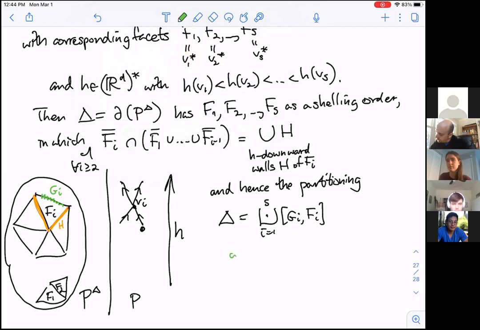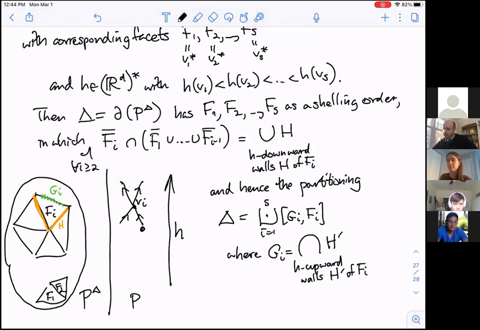So GI is supposed to be the intersection of all H upward walls, I'll call those H primes of Fi.